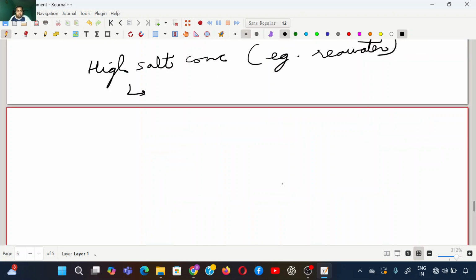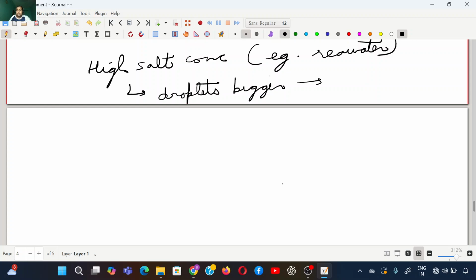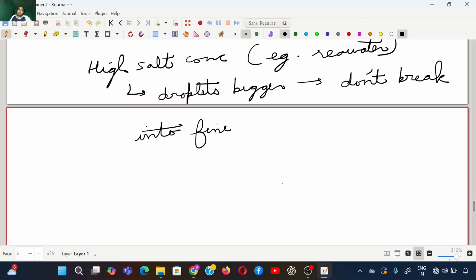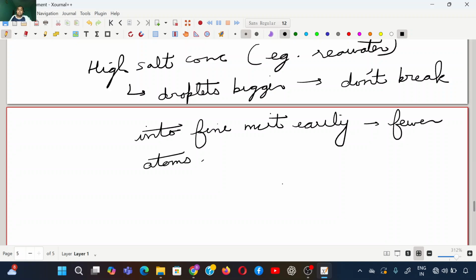In this case, the droplets are bigger, and because the droplets are bigger, they don't break into fine mist easily, because of which there are fewer atoms in the flame.